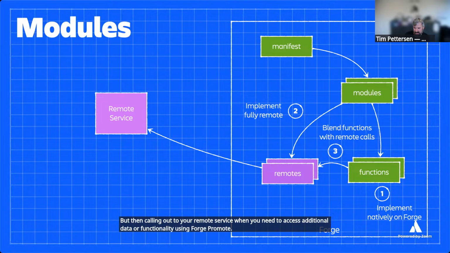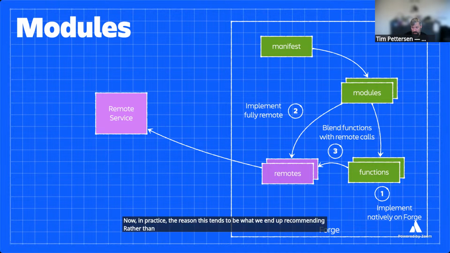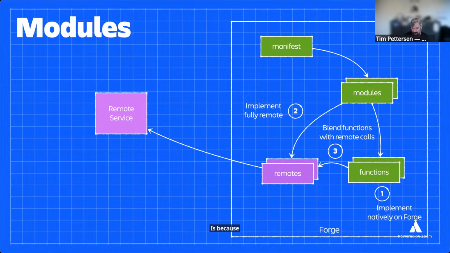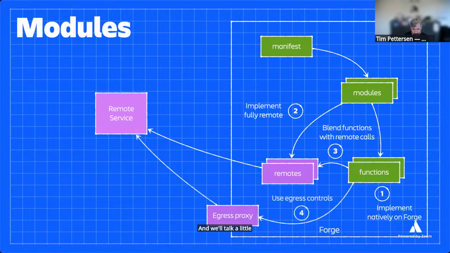Now, in practice, the reason this tends to be what we end up recommending, rather than directly binding a module to a remote endpoint, is because it lets you use other Forge platform features from within your function, and it does give you some finer grained control over how and when your backend remote service is invoked. We'll talk a little bit more about that in a tick.